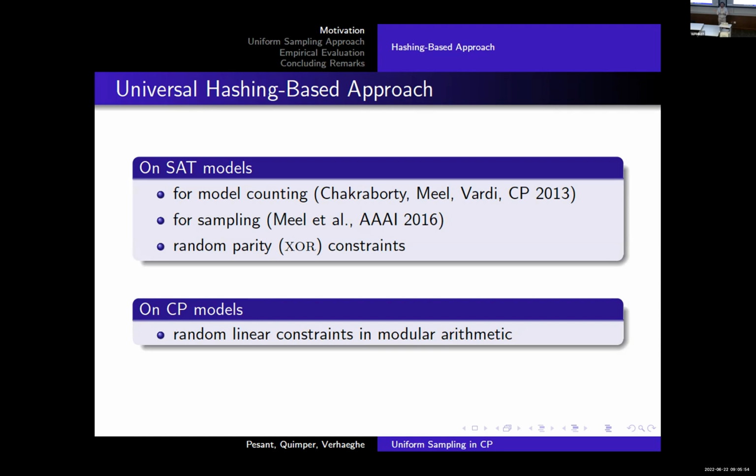So instead of having a very sparse constraint, just one variable equal to a value, it's over the whole set of variables. That helps. So for SAT models, binary variables, random XOR constraints. For CP models, how it generalizes, since you've got larger domains, is random linear constraints in modular arithmetic.